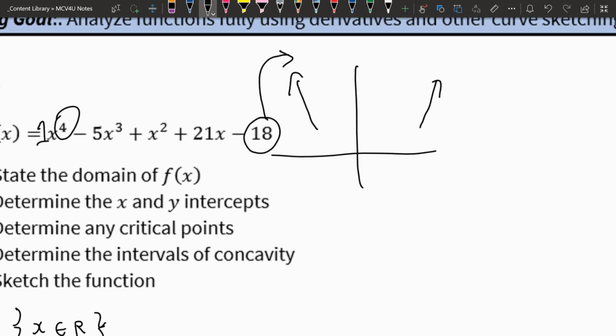If I took the factors of that last constant term, I have potential candidates for the factor theorem. So I could have plus or minus 1 as a factor, 2 as well, 3 times 6 is 18 as well, 9, 2 times 9, and then don't forget 1 times 18. So we have quite a few numbers to test here.